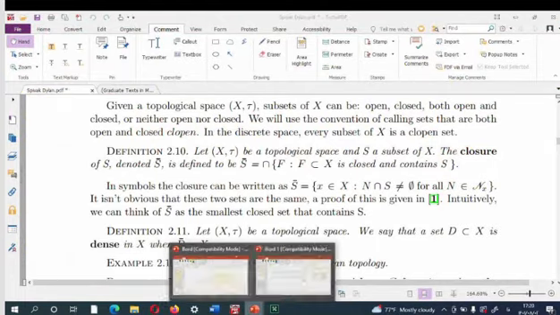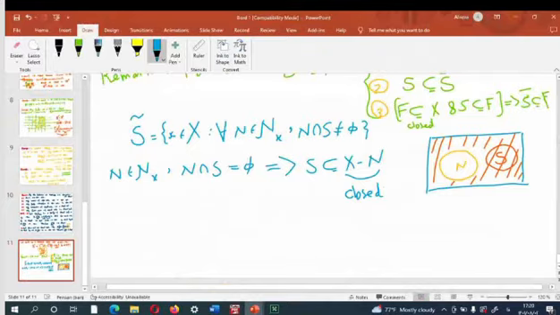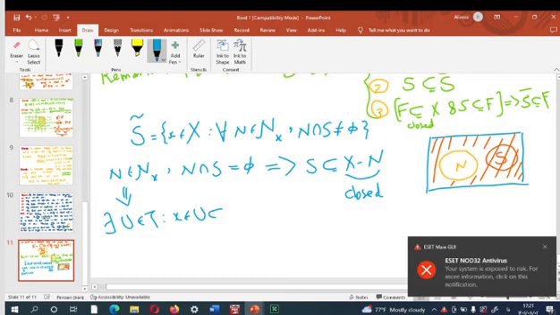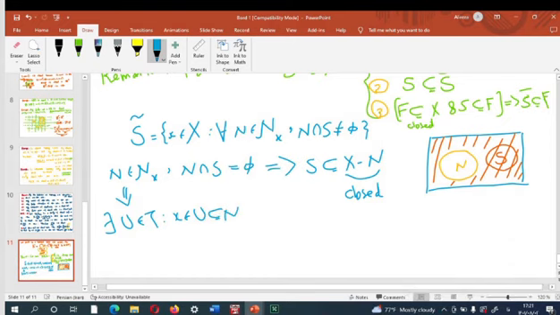So we can write: there exists one U in the topology such that x belongs to U and U is a subset of N, by the definition of neighborhood.